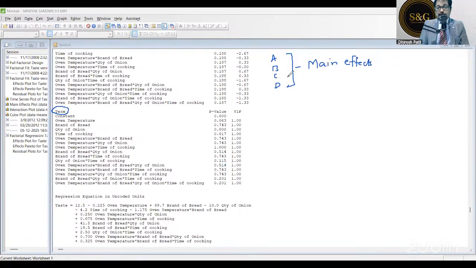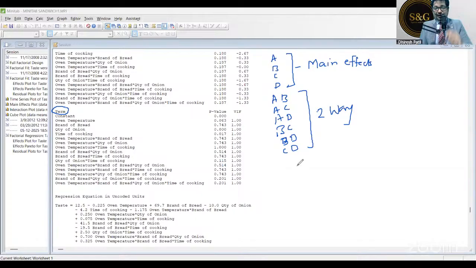Okay. Then there are two-way interactions. For example, there is AB, there is AC, there is AD, there is BC, BD and CD. These are called as two-way interaction.